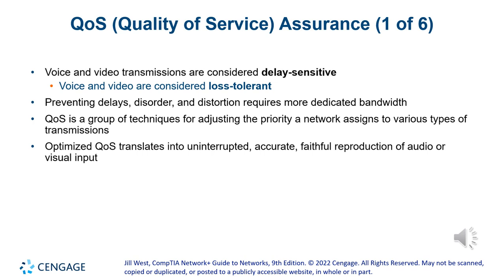But also video and voice are considered loss tolerant. So it can tolerate some packet losses. That's when your image gets pixelized, or freezes for a few seconds and then comes back. When you're on your phone, sometimes you hear that your voice is cracking up, that you say, oh, I cannot hear you correctly, you're breaking up.